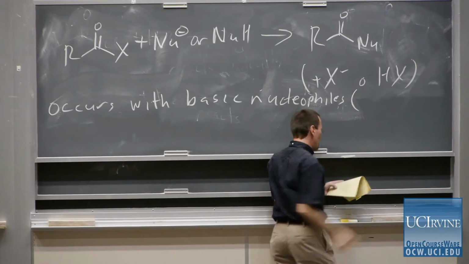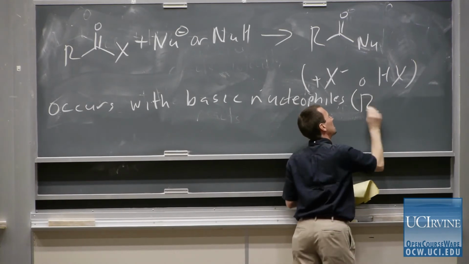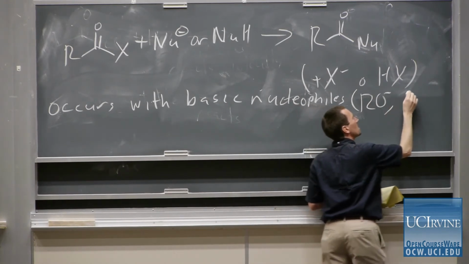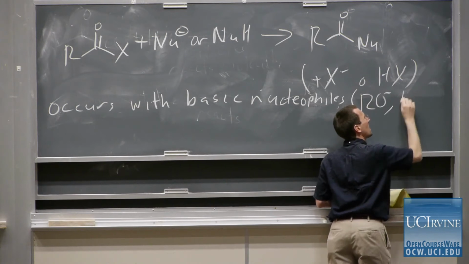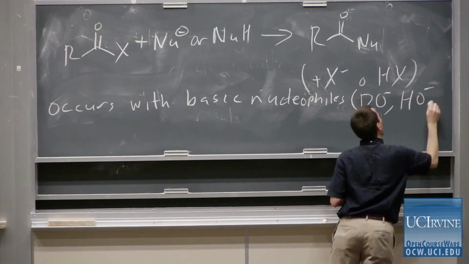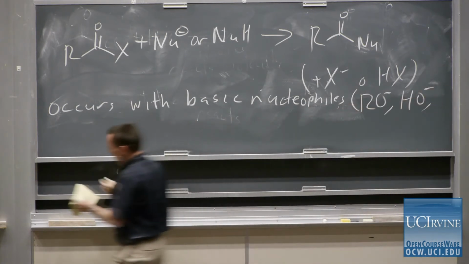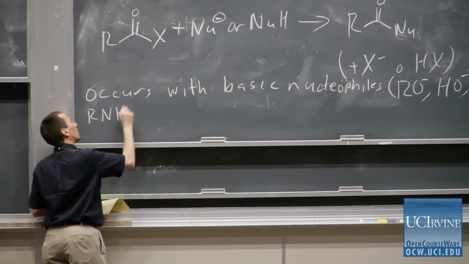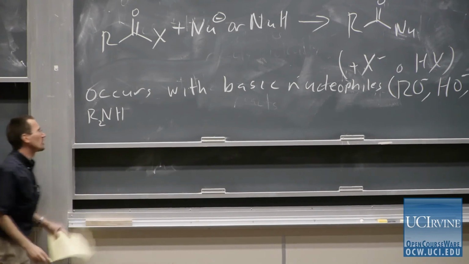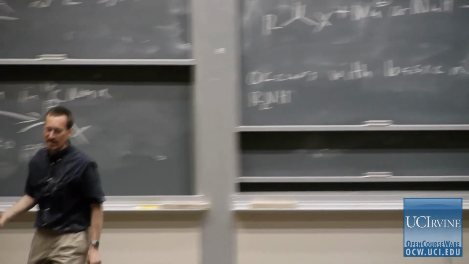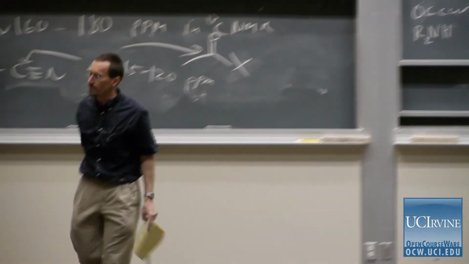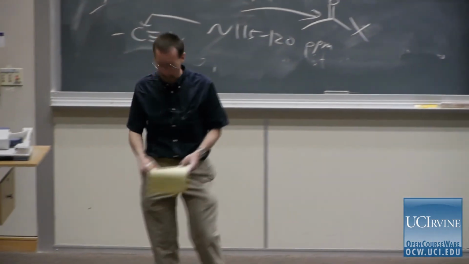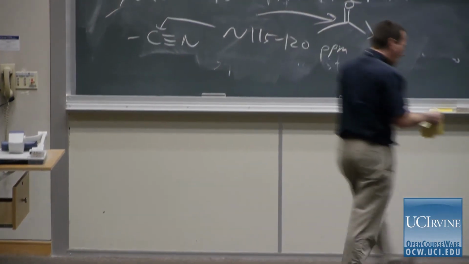So in other words, species like alkoxide, RO minus, hydroxide, HO minus or OH minus, and let's say amines. I'll write it as R2NH, but I'm not meaning specifically a secondary amine. I could mean a primary amine, or I could mean ammonia.